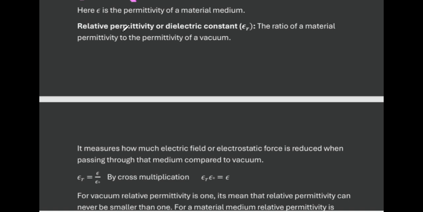Relative permittivity or dielectric constant. What is meant by relative permittivity or dielectric constant? It is represented by epsilon r. The ratio of a material's permittivity to the permittivity of a vacuum is called dielectric constant or relative permittivity.